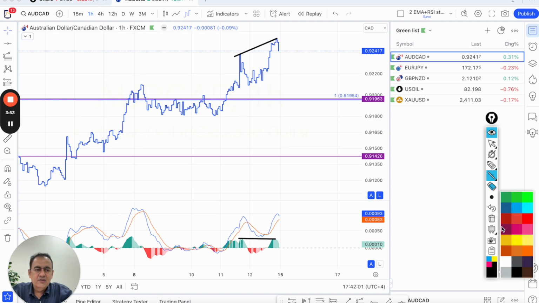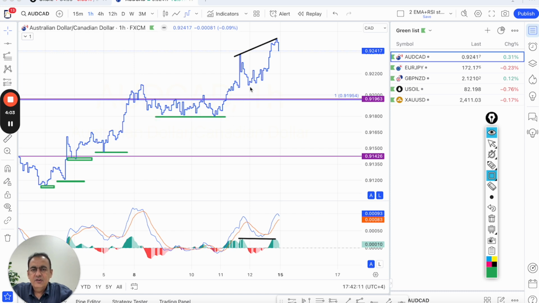Although the chart is still bullish because the price action here is bullish, we have a sequence of higher lows everywhere on the 1-hourly chart. This was the consolidation followed by higher lows and higher highs, and they are under bearish divergence. So on the short-term basis, that is the 1-hourly chart, this is the exhaustion sign we are seeing. It means on a short-term basis there might be some pullback.